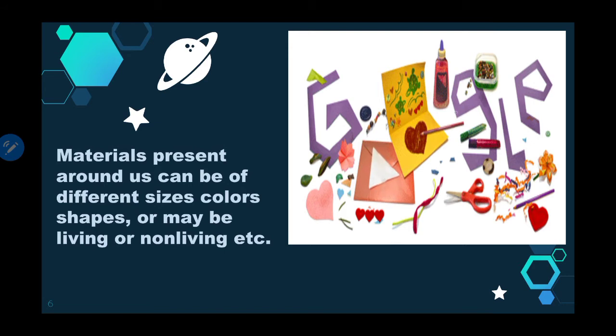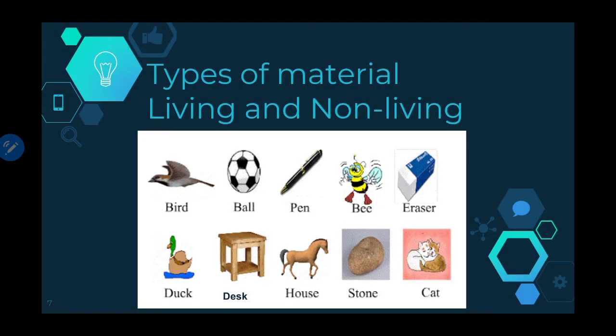So here you can see different things are present over here. Scissors, right? Paper, glue bottle. These things are made up of different kinds of material. It can be living things or non-living things. Now, types of material, definitely living and non-living.